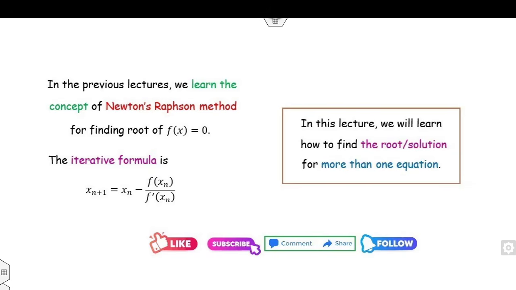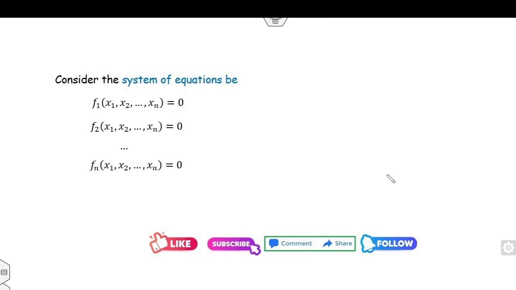Now the objective of this lecture is to find the solution when you have more than one equation. For example, f1, f2, f3 up to fn, such that each fi is continuously differentiable.